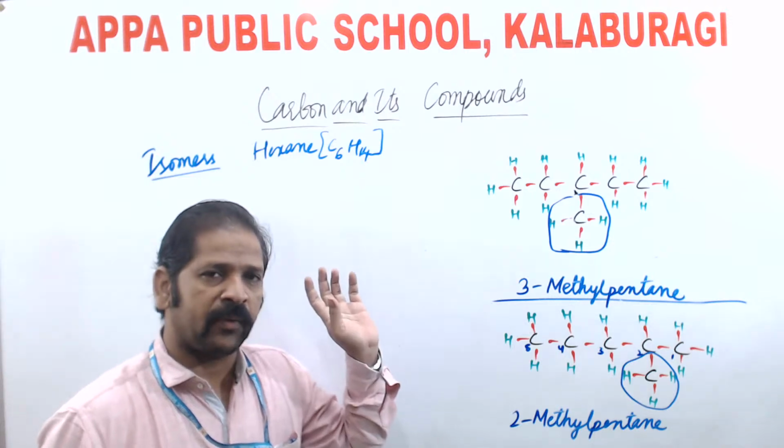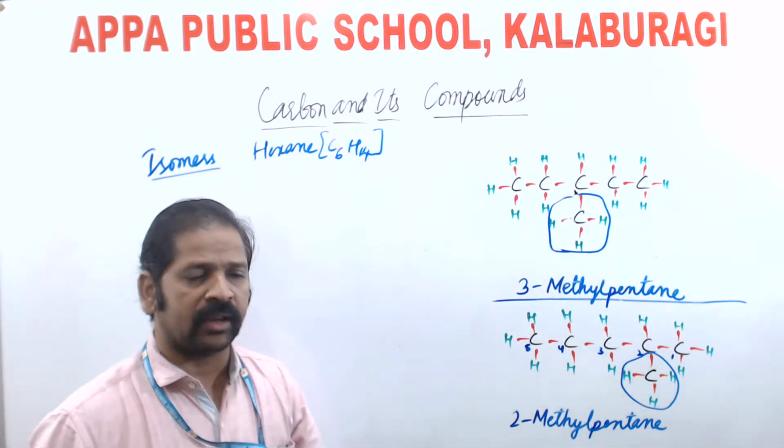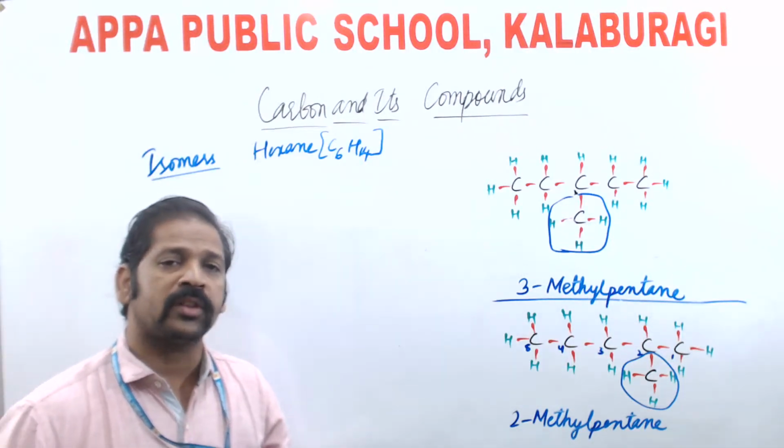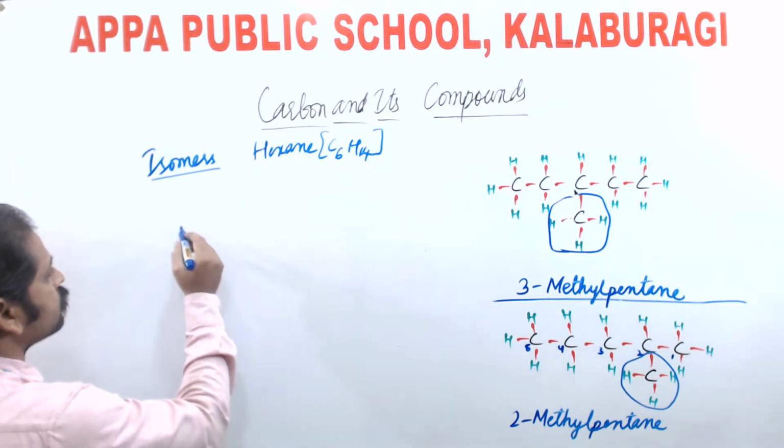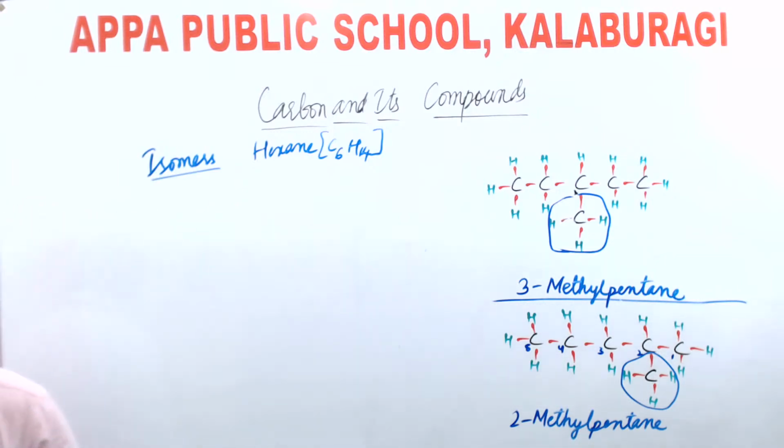I already read the first structure; second and third structures are available. Now I'll go for the fourth and fifth structure. Number of carbons are 6 here.